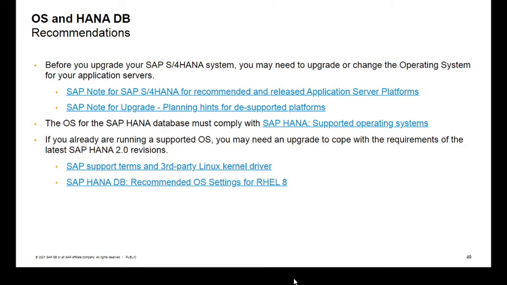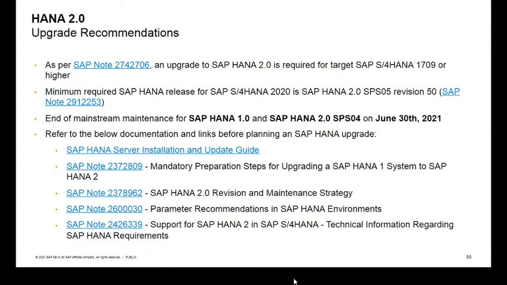Regarding the upgrade to HANA 2.0, there's an SAP note for that, mentioned here as the first note. And also for S4HANA 2020, it is important to know that you need to be at least on HANA 2.0 SPS 5 revision 50. That's the minimum, but typically the latest projects that have gone live on the latest S4HANA 2020 version would typically be on revision 52, just as an additional remark here.